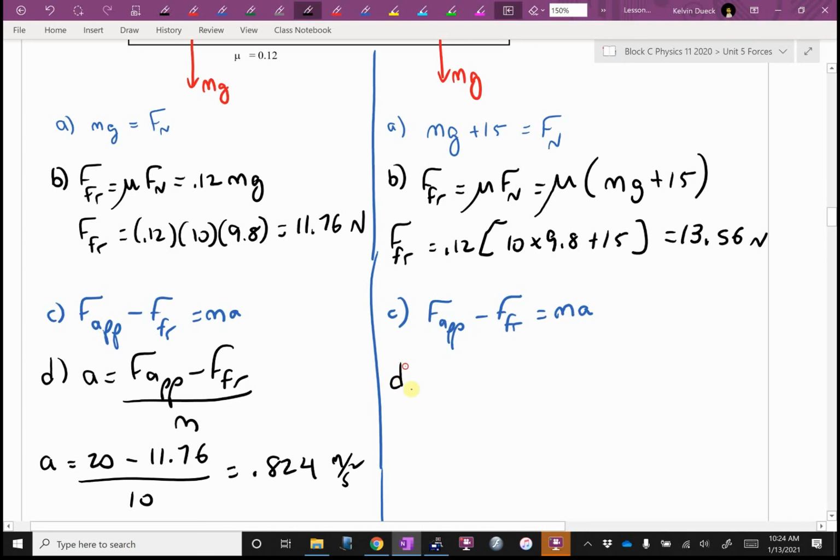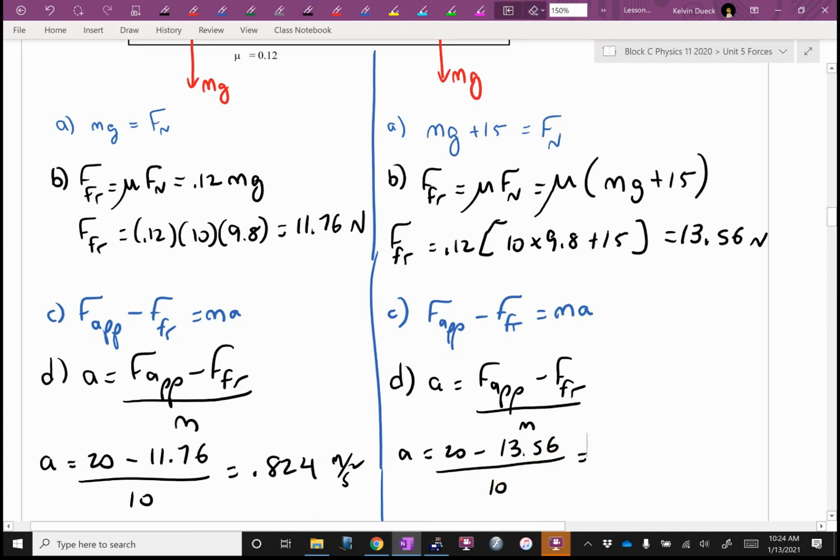Ethan, what did D want me to find? Oh, Shay's theorem. And again, you'll notice I even get the same acceleration equation as part C. What's going to change? The friction force. Why? Because the normal force is not mg this time. Adam, what was F? Ethan, what was F applied? Friction was 13.56 divided by 10.